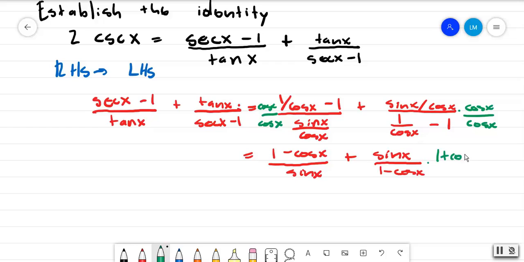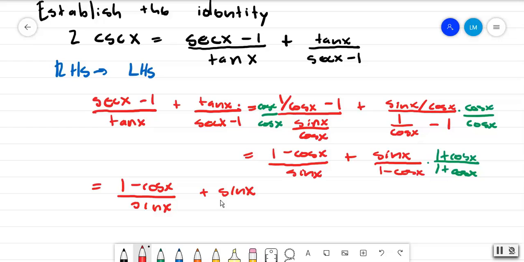Don't worry, I'm going to write out 1 plus cosine of x divided by 1 plus cosine of x. So what that gives me, and we're running out of room, is 1 minus cosine of x divided by sine of x plus sine of x divided by 1 minus cosine of x.